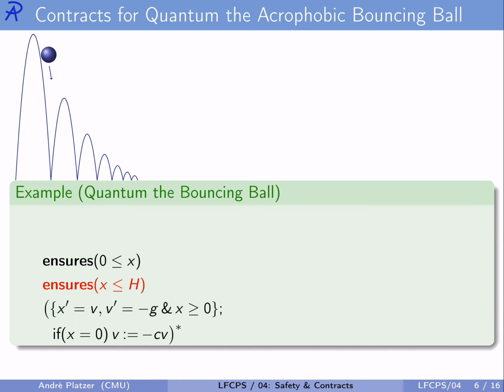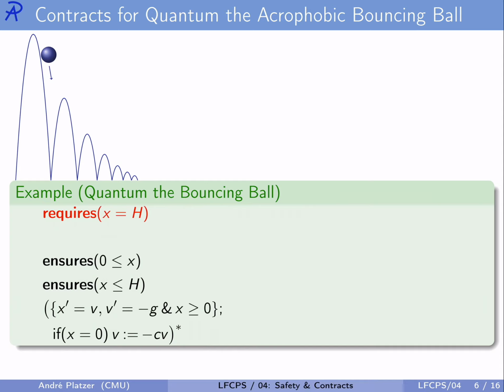Because even if I pointed at capital H and called it the initial height, nothing in my math here says that it is. So indeed, we also need to require something in the beginning, namely that in the beginning the value of the height variable x is exactly the initial height variable capital H, so that down here in the ensures clause it's even meaningful to talk about it.